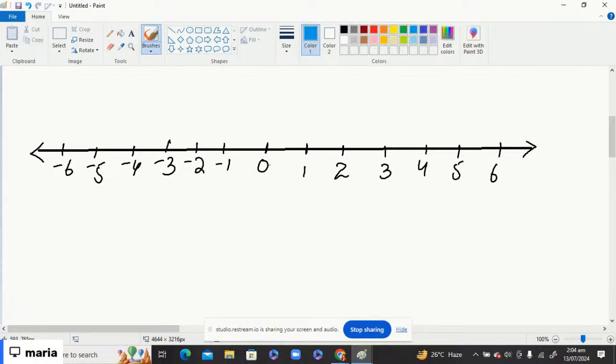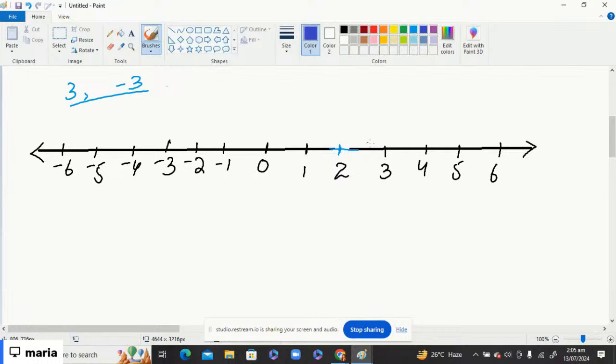Got it? Now tell me what number lies on this number line. If I say mark 3 and negative 3 on the number line, where is the positive 3? Positive 3 lies on the right side from the 0, and negative 3 lies on the left side from the 0.